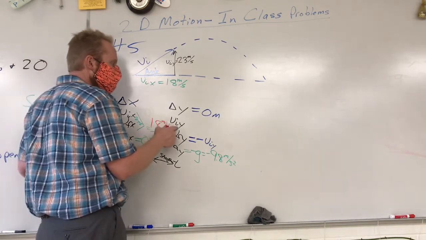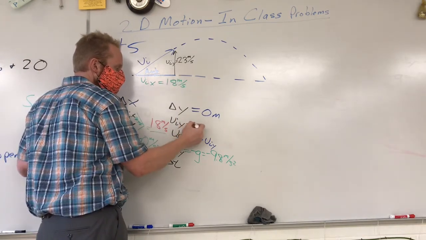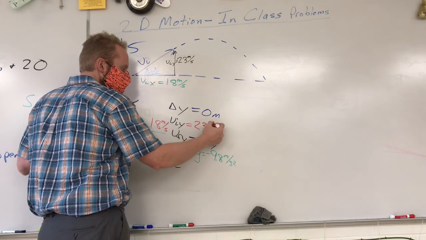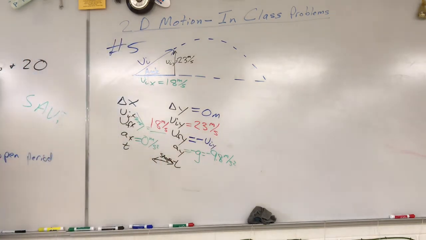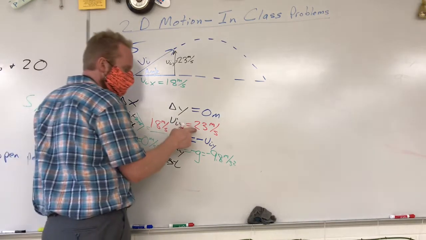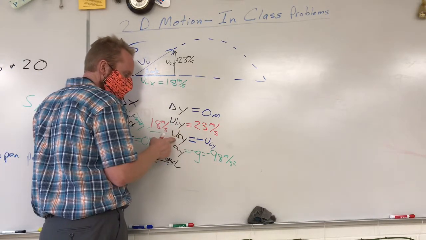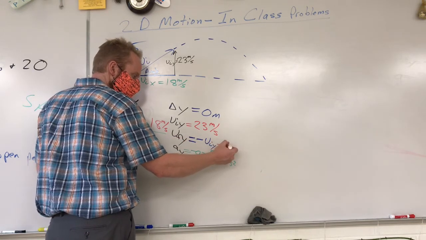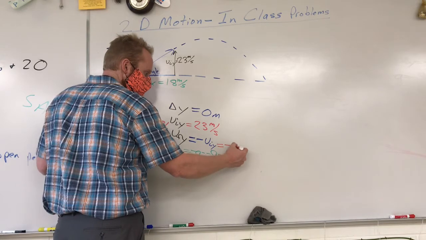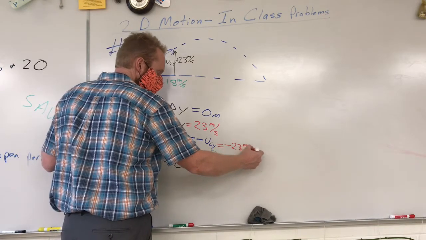And my VIY is equal to 23 meters per second, because that's what's given in the problem. Because my VIY is 23, my final velocity is equal to the opposite of my initial velocity, so my final velocity is equal to negative 23 meters per second.